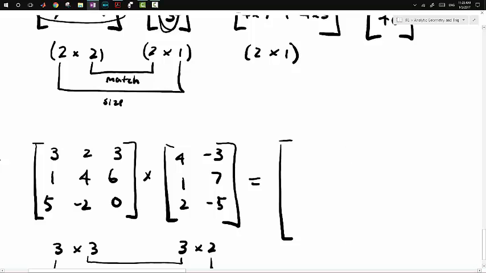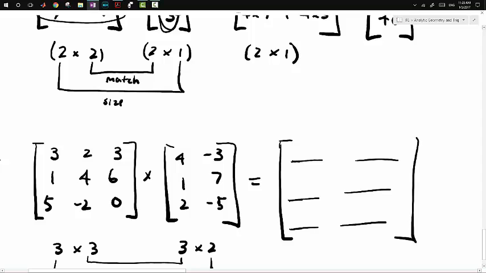Give myself a little bit more space. So basically, we have 3 rows and 2 columns. So we're gonna fill in all these spaces. This first term here is going to be found by multiplying element by element that row and this column, and summing up each of the multiplications.